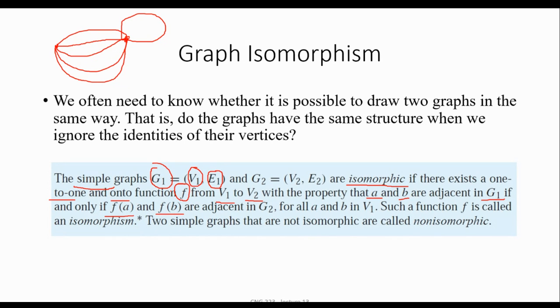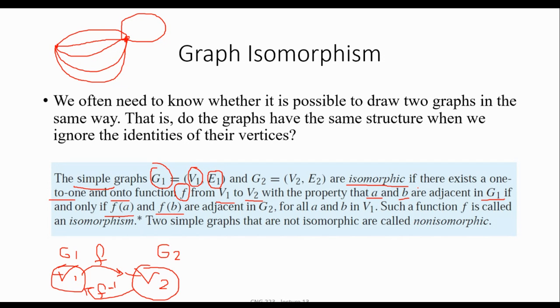We are talking about this function and we are assigning A and B inside this function. So from this set inside G1, we are going to this set in G2, and we use this function to do that. This function should be one-to-one and onto. It means that it is possible to find the inverse of this function as well and come back from V2 to V1.